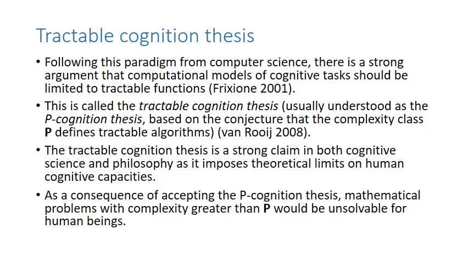So clearly, the tractable cognition thesis is a strong claim in both cognitive science and philosophy because it imposes theoretical limits on human cognitive capacities. As a consequence of accepting the P-cognition thesis, mathematical problems with complexity greater than P would be unsolvable for human beings.